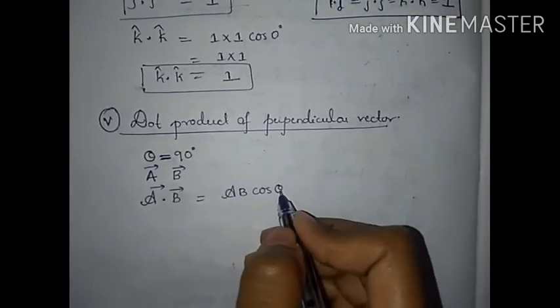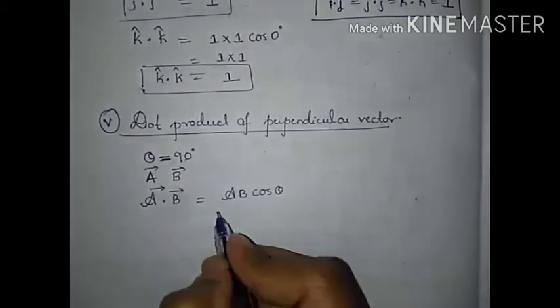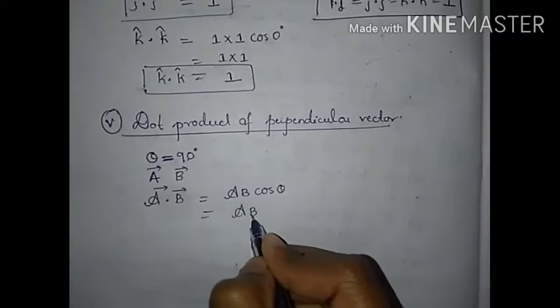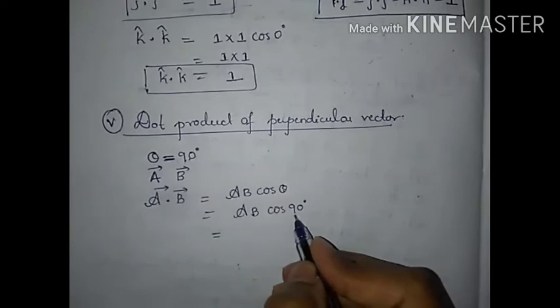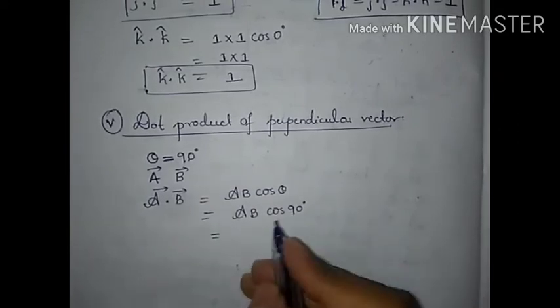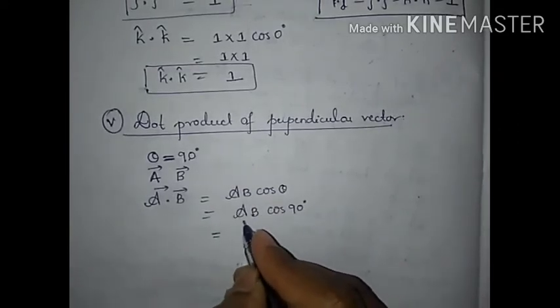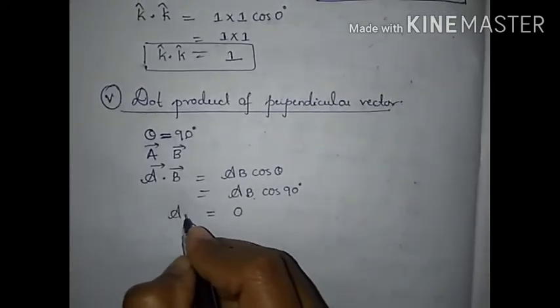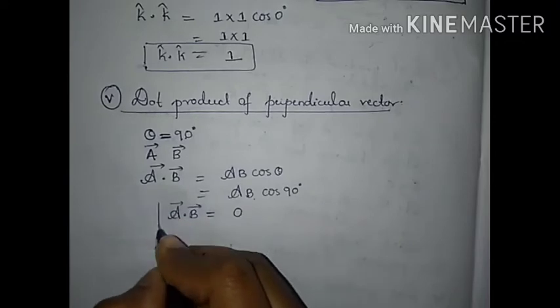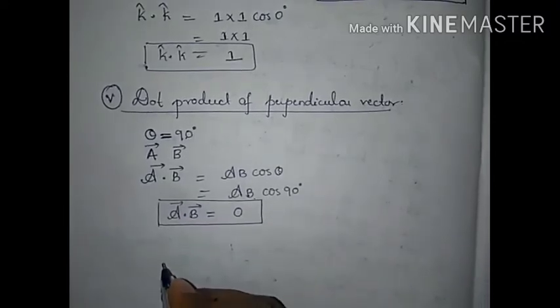In this case theta is 90 degree, so if you substitute AB cos 90 degree, cos 90 degree value is 0. So 0 multiplied by AB is again 0. So A dot B for two perpendicular vectors is 0.